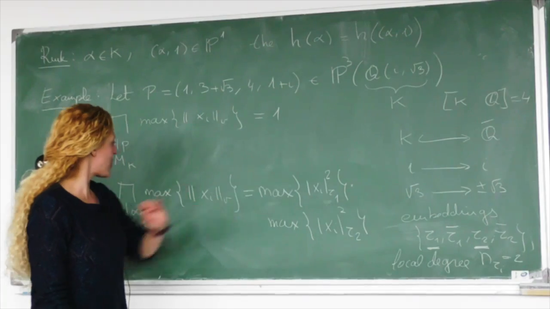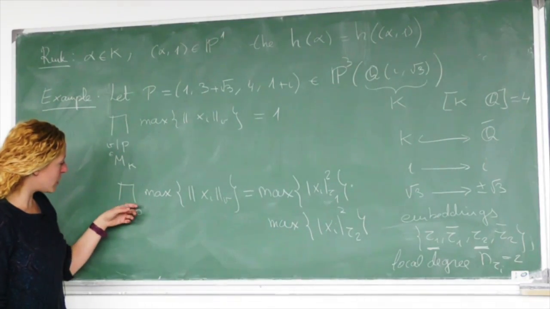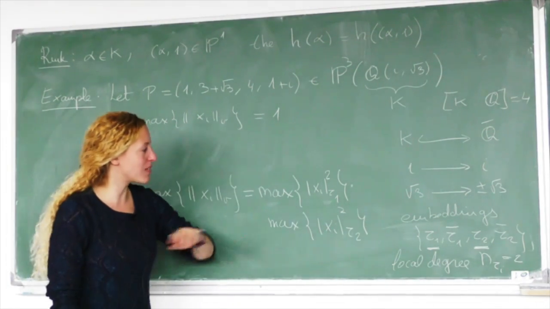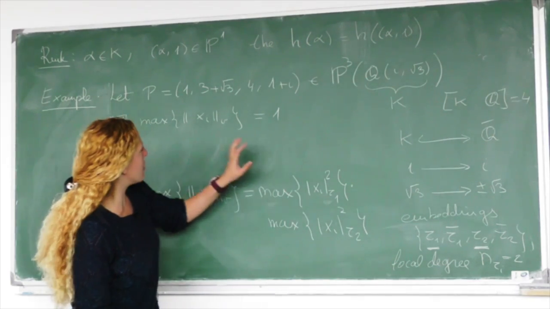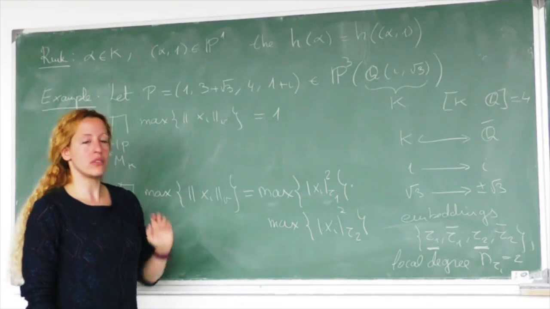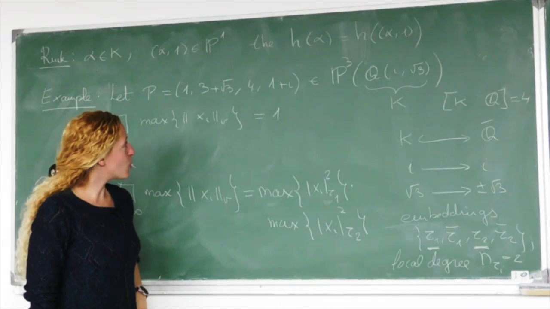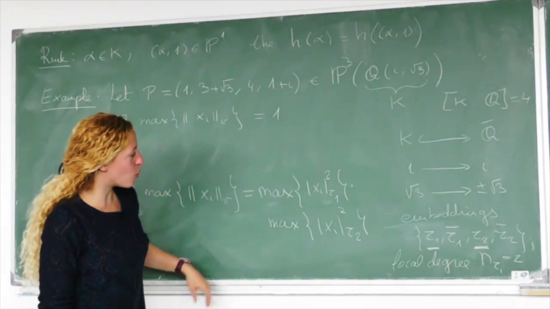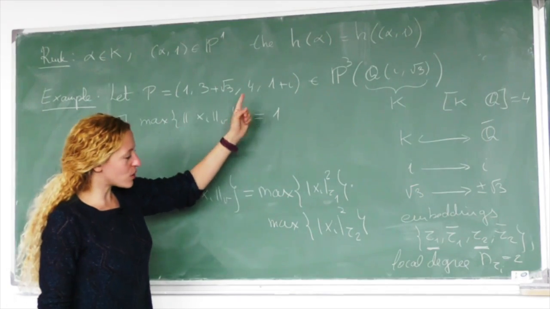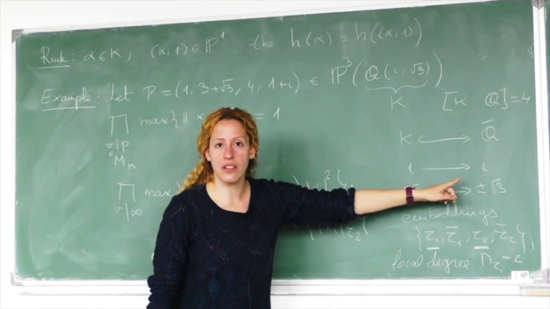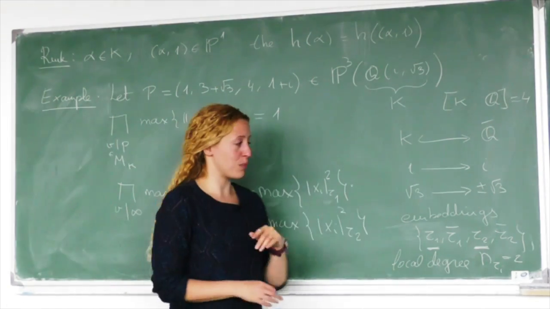So we have this equality, so this product, there are only two factors here, so this maximum and this maximum. So basically, we just need to look at the maximum of the absolute values that we have here. So, okay, very well, which ones are those absolute values? So we have to look at those numbers and look at the embeddings. And then we take the standard absolute value.